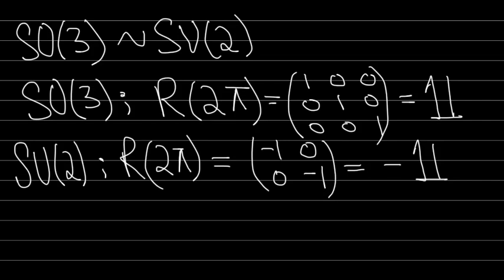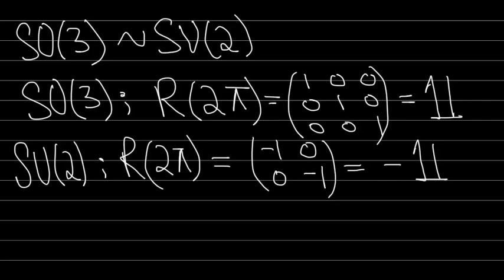If we took an element in SO3 and performed a rotation of 2 pi, we arrived back at that element. However, in SU2, if you take a rotation of 2 pi, you do not arrive back at that element. In fact, you arrive at the opposite, that is negative.